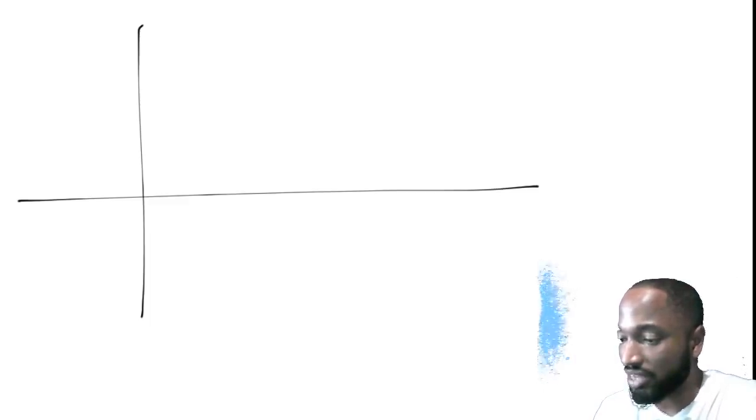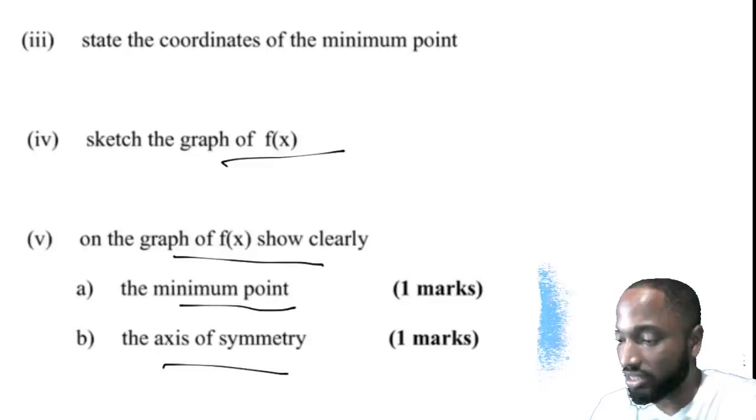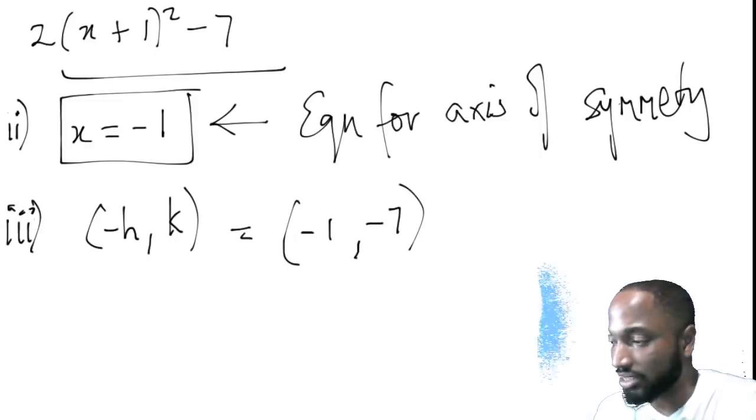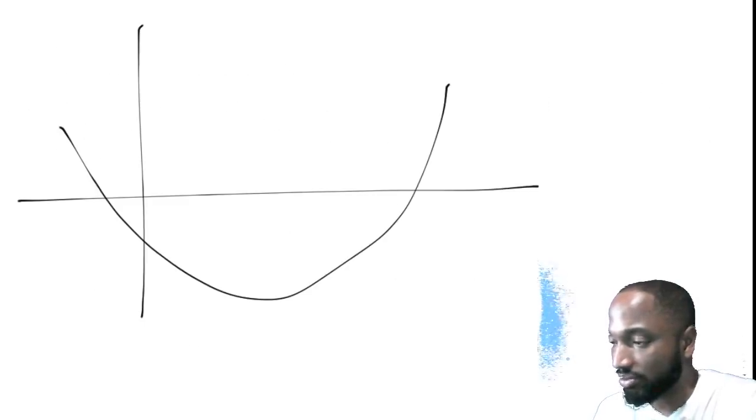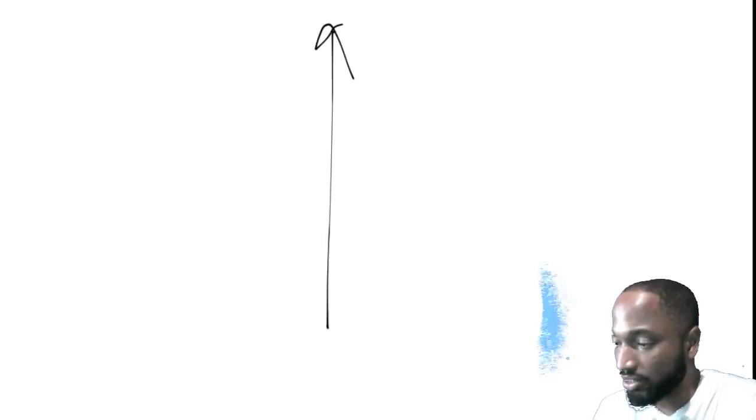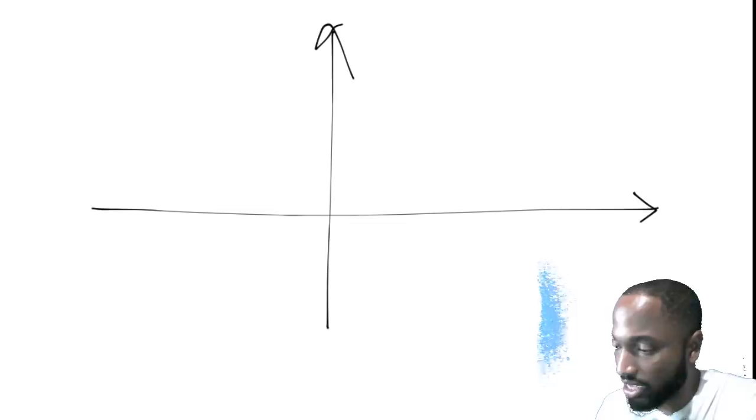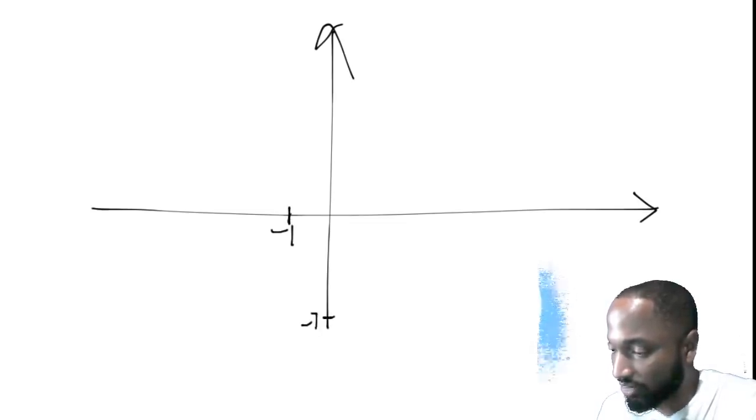The axis of symmetry, we got that to be x is equal to negative 1, and the minimum point is negative 1, negative 7. And we have c as negative 5, so it will be better for me to draw this line like this and put negative 1 here, and negative 7 here.